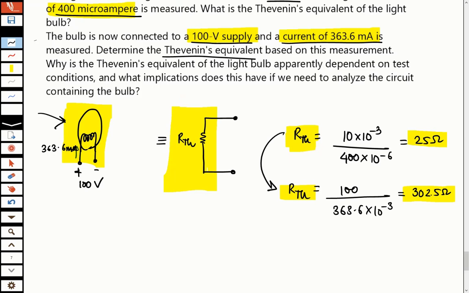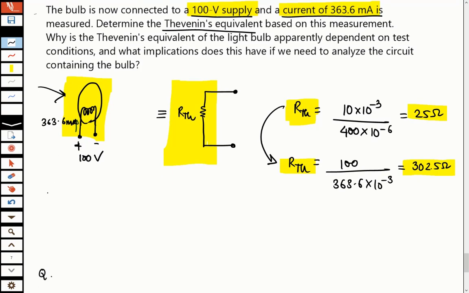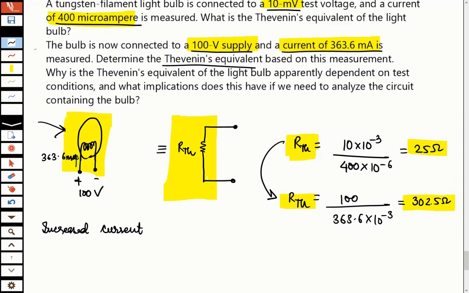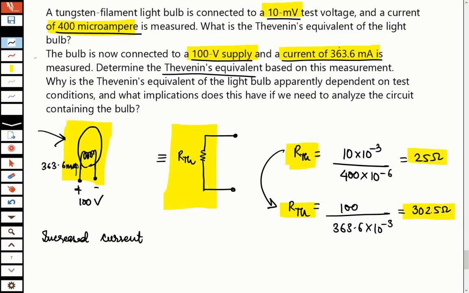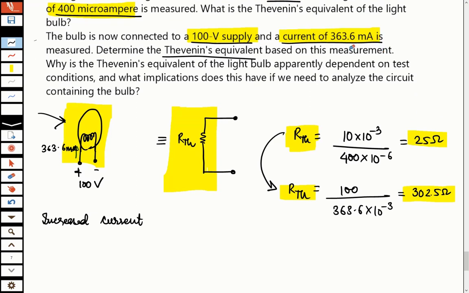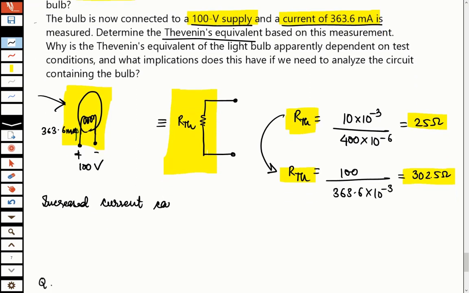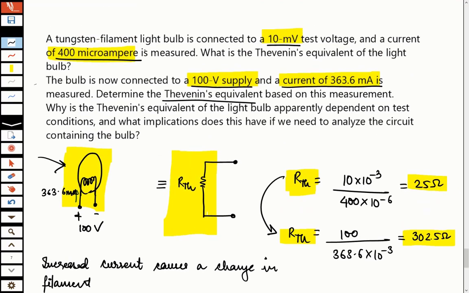So can you give some sort of insight on why you think this happened? The filament temperature is of course going to change when more current flows, right? So we can say that the increase in current, that means it was earlier just 400 microampere, but then it became 363 milliampere, causes a change in filament temperature, because it's a tungsten filament light bulb, right?